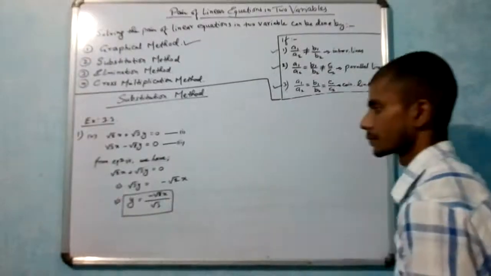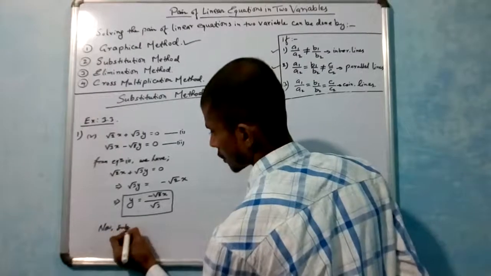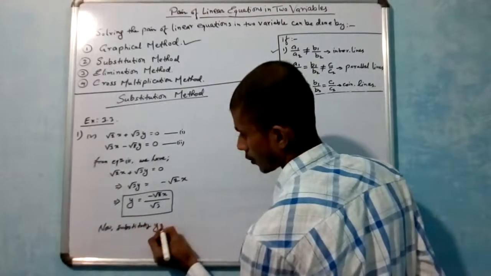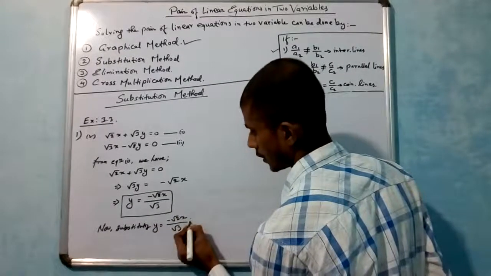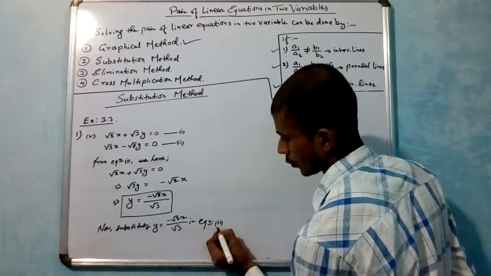Okay. Now substituting y is equal to minus root 2x by root 3 in equation 2, what will we get?